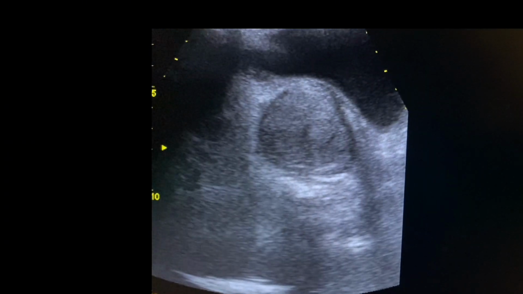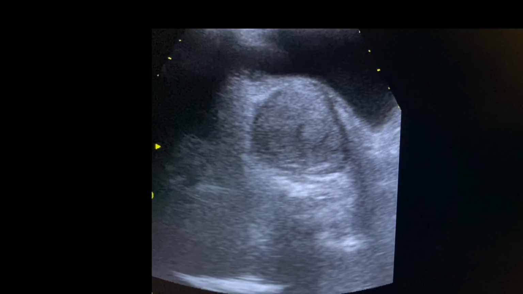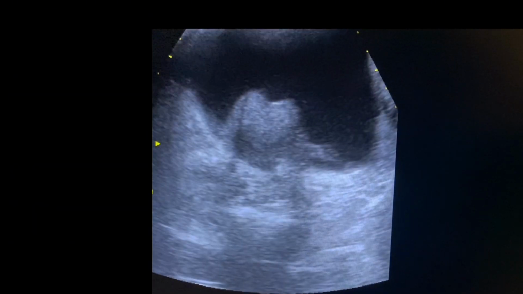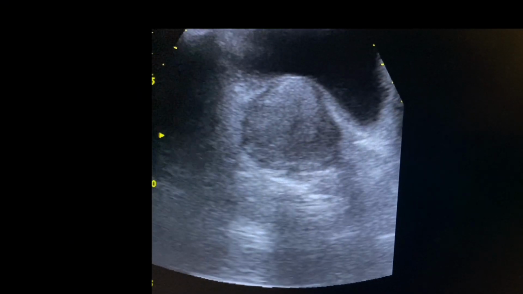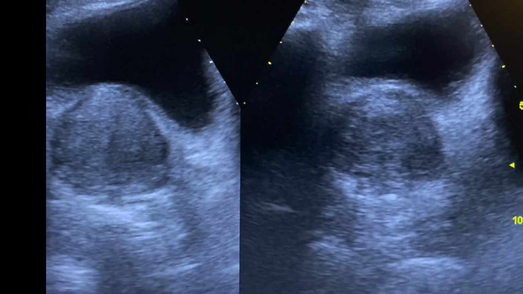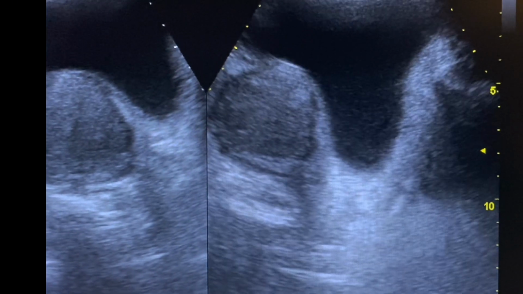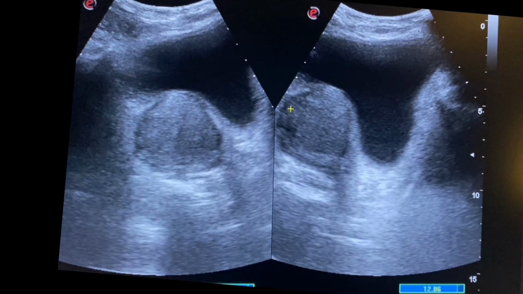Now we will measure the volume of the prostate. For that we need a transverse view and an oblique view. Now we start measuring the volume.